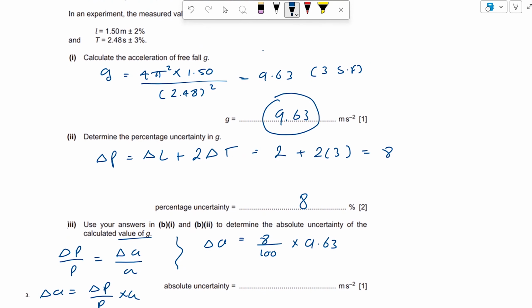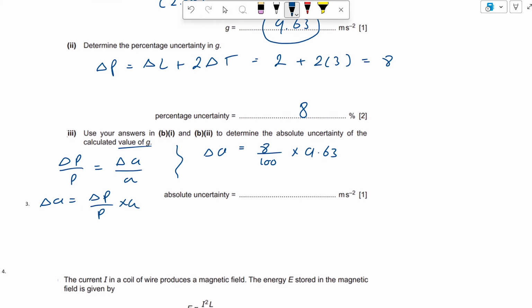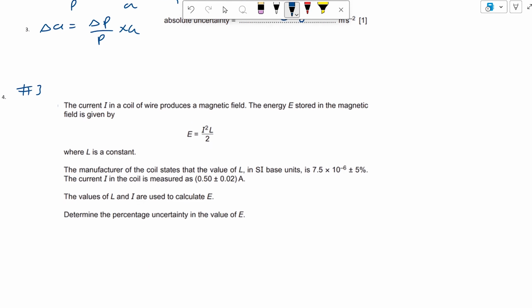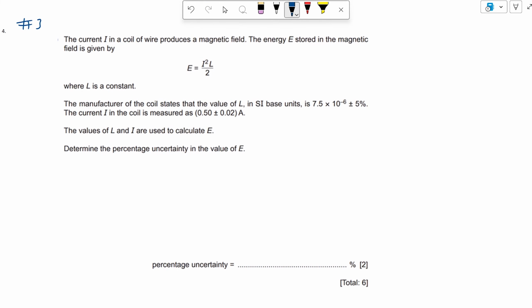This is A. So here it is, and that should be giving us 0.77, which can be rounded off to 0.8. 0.8, that's your answer.